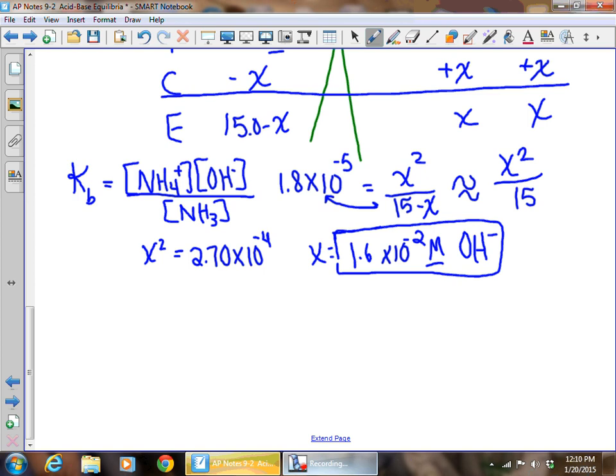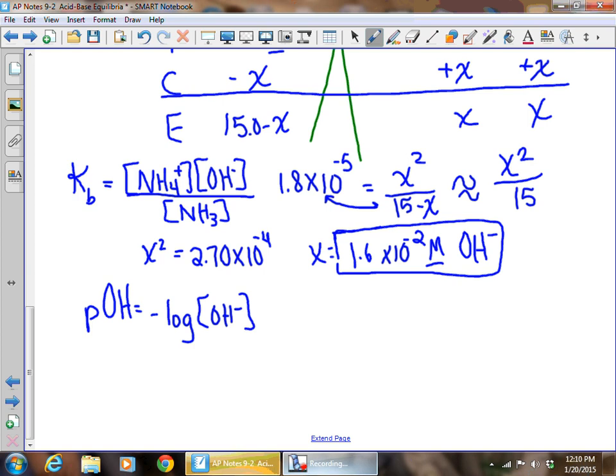And then as far as the pH is concerned, be very careful. Don't take the negative log of the hydroxide ion concentration and call that pH. The negative log of the hydroxide ion concentration is POH.